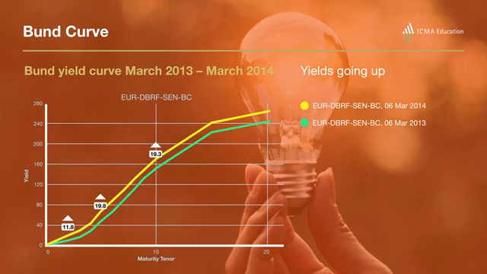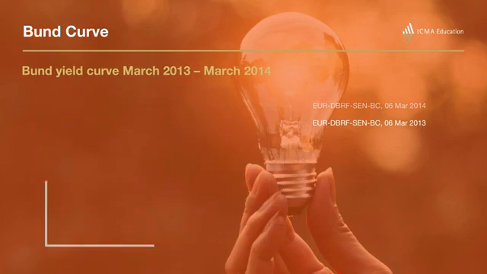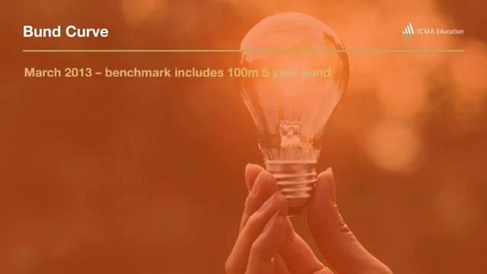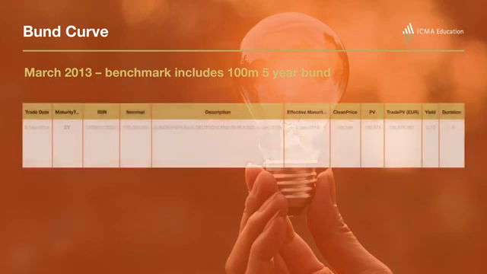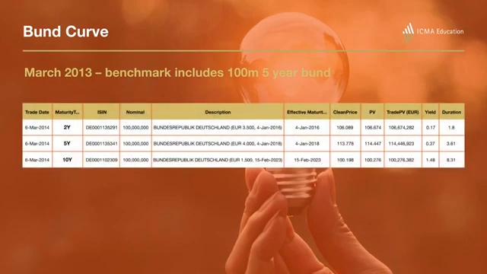We imagine that you're managing money versus a benchmark. It's March 2013, and your benchmark includes 100 million of the 5-year Bund. On that part of your investments, the part invested versus that part of the benchmark, we ask the question, where do you want to invest your money?